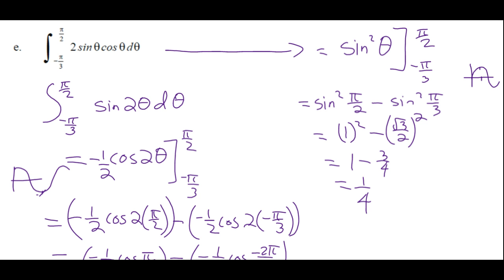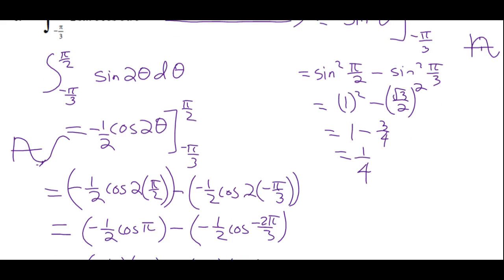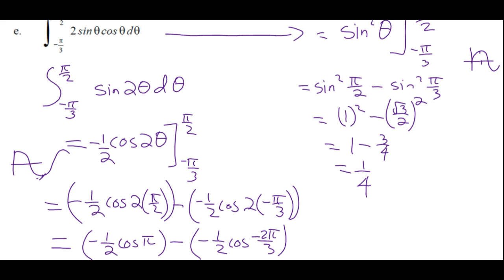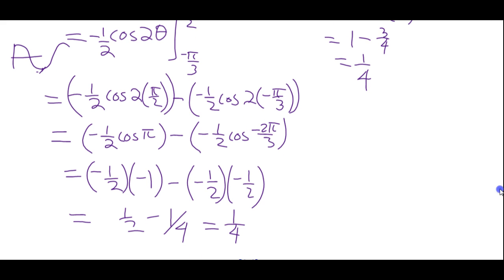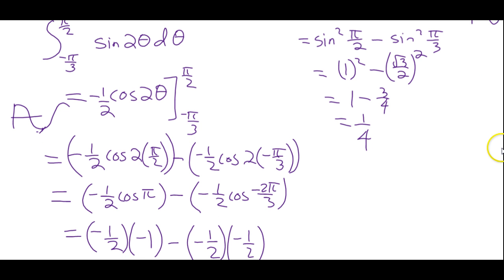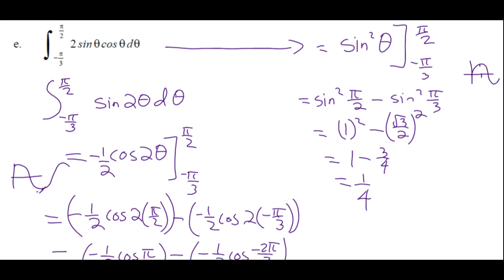I mean, they can't come out different, right? But it just shows you there's a couple of different ways to do it. The second of which is a little bit easier, I think. Or way easier. But it doesn't matter, it's going to work out. Either way you do it, it can work out very simply, or it can work out a little more difficultly. Yeah, a lot of places to mess up.